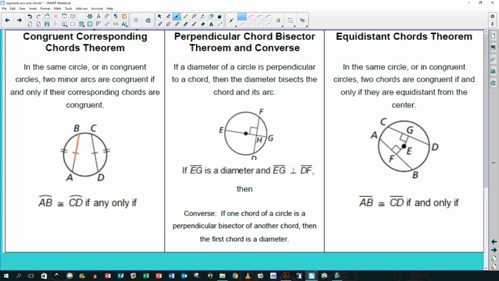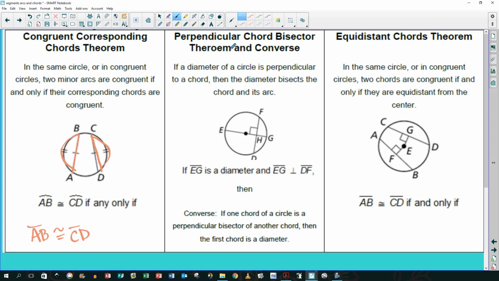So for example, if this chord is congruent to this chord, then this arc will be congruent to this arc. So if AB is congruent to CD if and only if AB is congruent to CD.